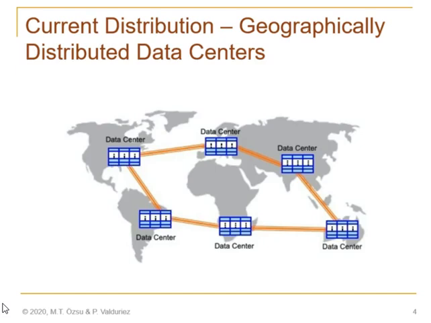In the textbook there is a figure in which they illustrate a map with all continents, and you see that there are about 6 data centers distributed all over those different continents, and each one of those is labeled as a data center, and they are connected by a network.